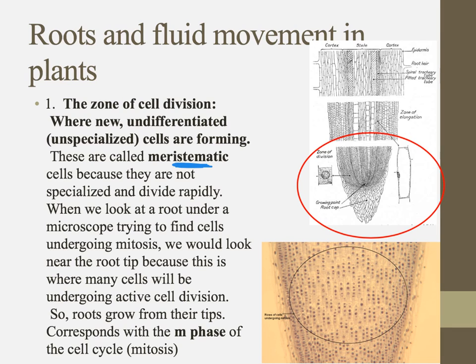If I look at them under a microscope, wait a minute, didn't you do that? I think you did. You should find a lot of cells in mitosis and a high mitotic index. So maybe you should add that to your notes: a high mitotic index. A lot of those are undergoing cell division. So this is our area of actual growth. This is where the growth is actually going to happen, new cells.